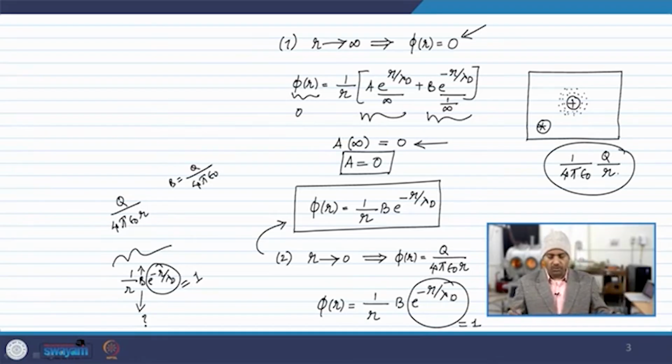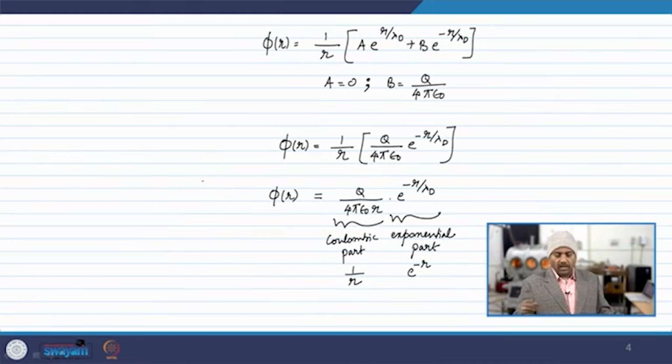We just have used our prior knowledge and redesignated the constants appropriately. So, using all that, we have now got the form of phi of r, the potential, in this expression.